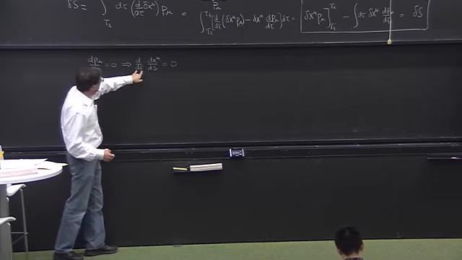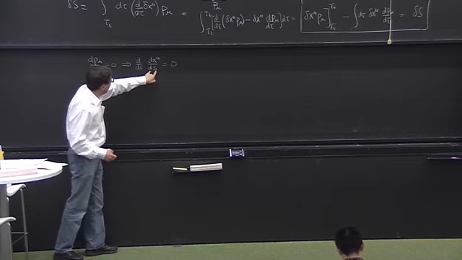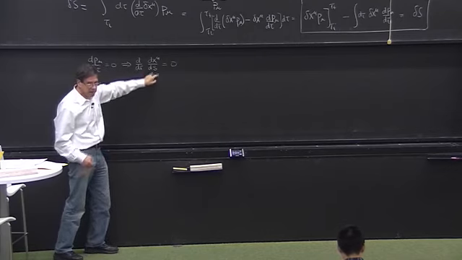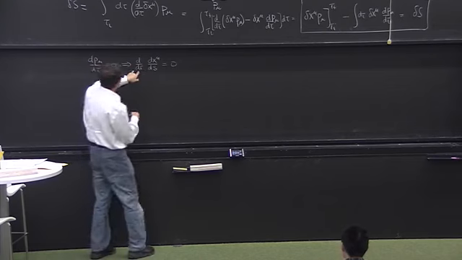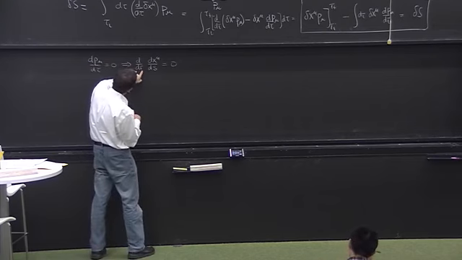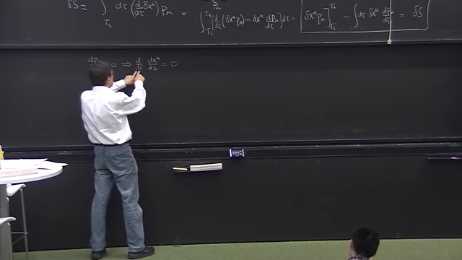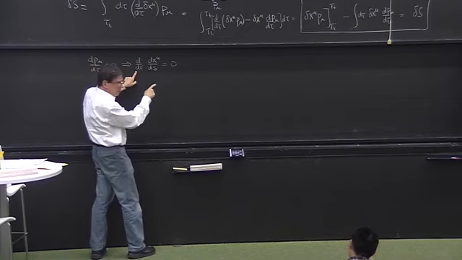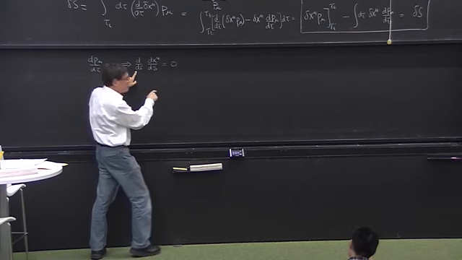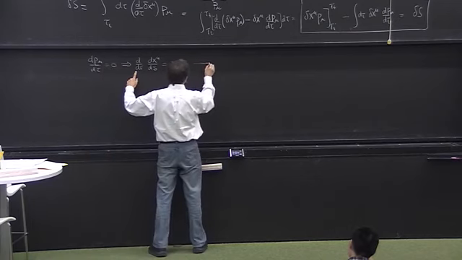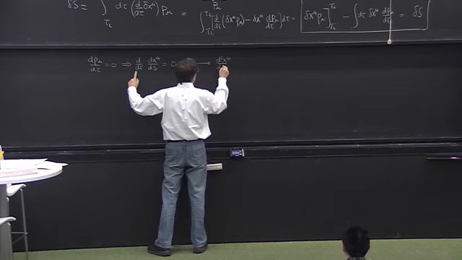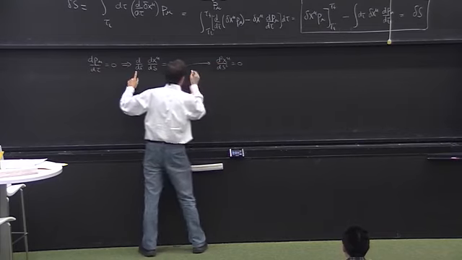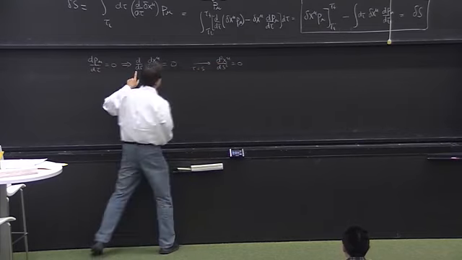There's two ways you can do this. This ds is not an arbitrary parameter. It's the proper time along the world line. And d/d tau is an arbitrary parameter. So you could even choose tau to be s. And that's what sometimes people do in general relativity to simplify things. And this implies the second derivative of x mu with respect to s squared is equal to 0. You can choose tau equal s.